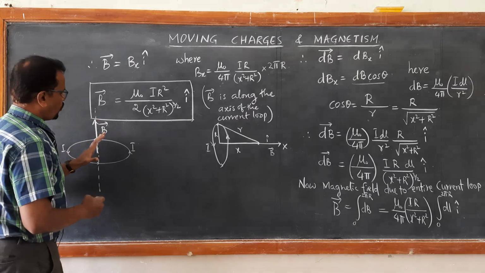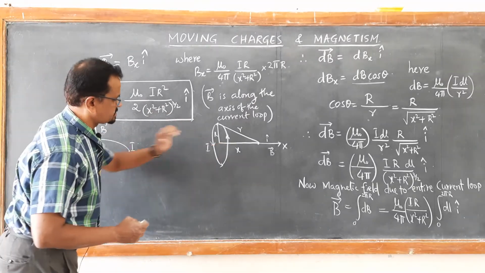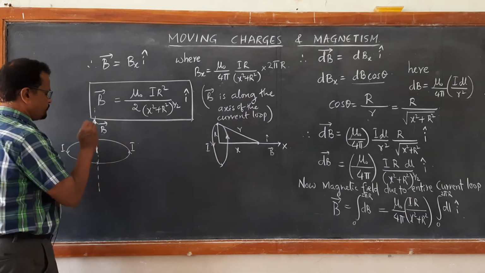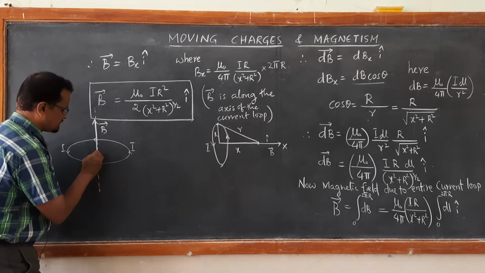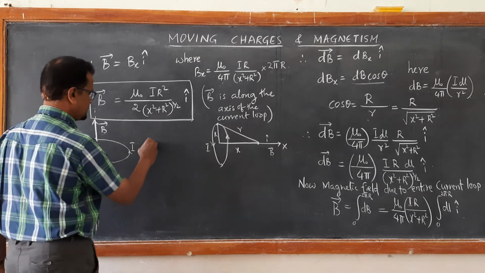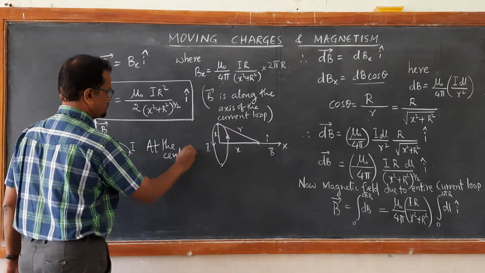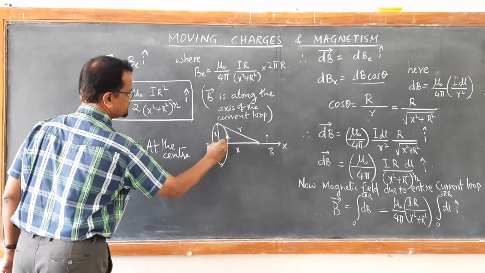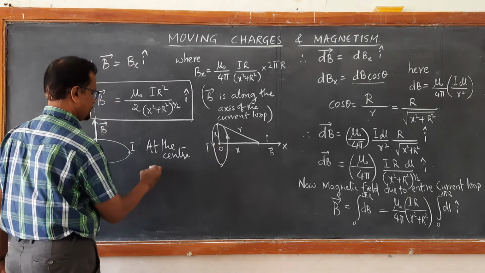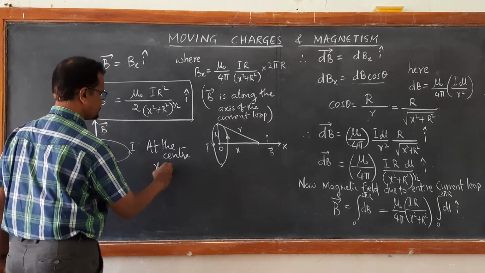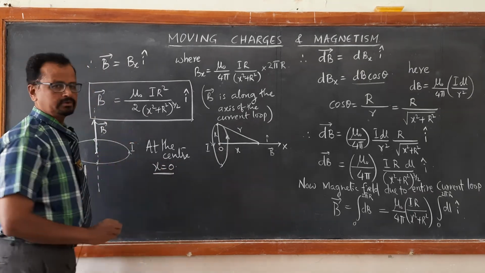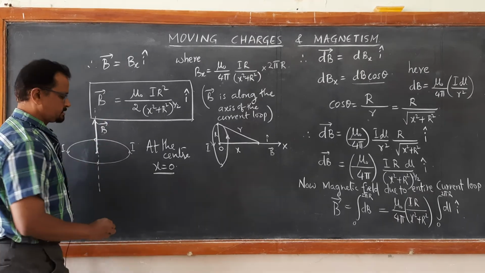Now, this is at a point x. If we want to find out magnetic field at the center, it means this x is taken as 0. At the center, x becomes equal to 0. If you substitute x equal to 0 in this equation, the equation becomes very simple.